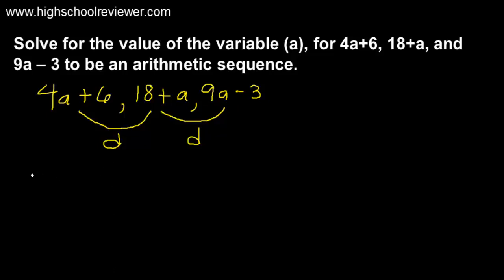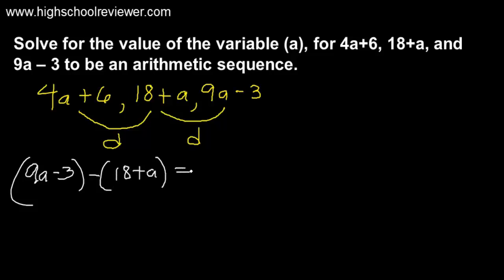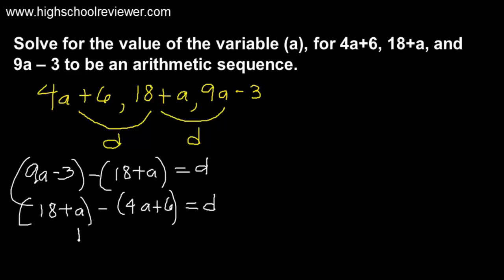If we subtract 9a minus 3 by 18 plus a, this will be equal to D. And if we also subtract 18 plus a by 4a plus 6, this is also equal to D. So here D would be equal to D.